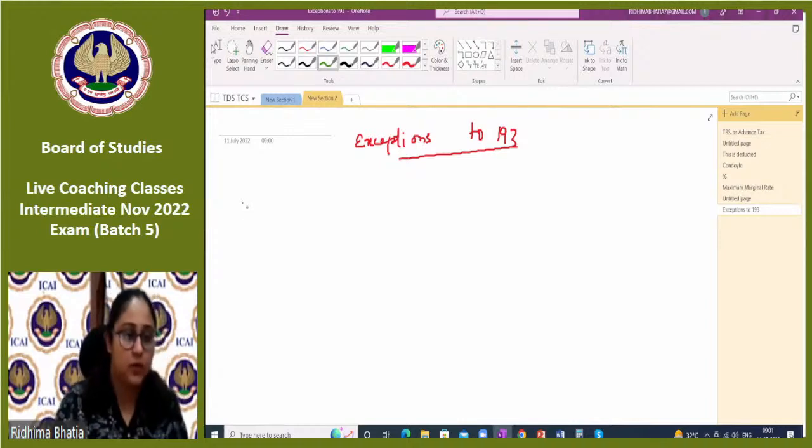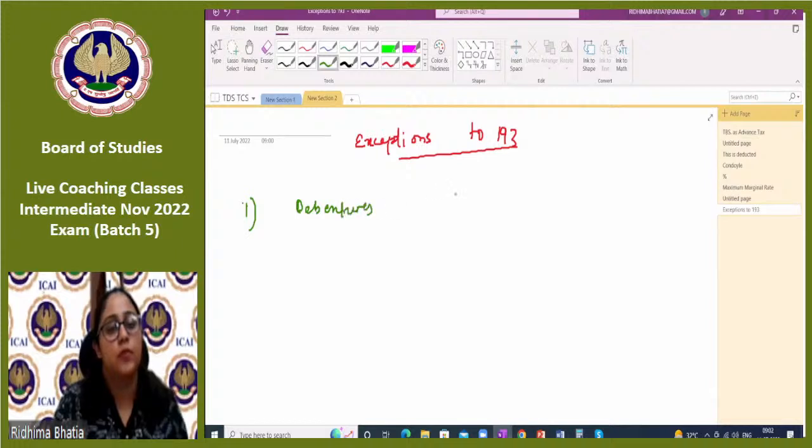Exception 1. If debentures are issued by an Indian company or Indian public company, if debentures are issued by a public company, to whom?